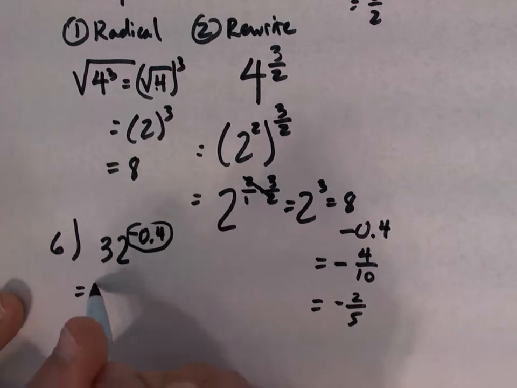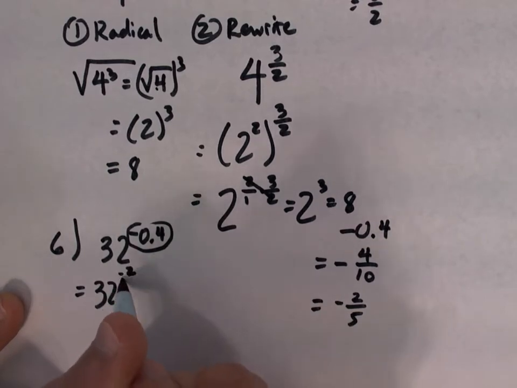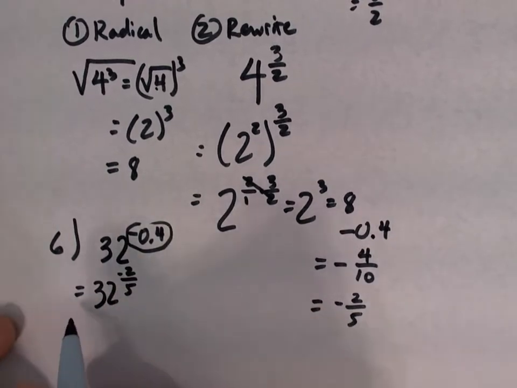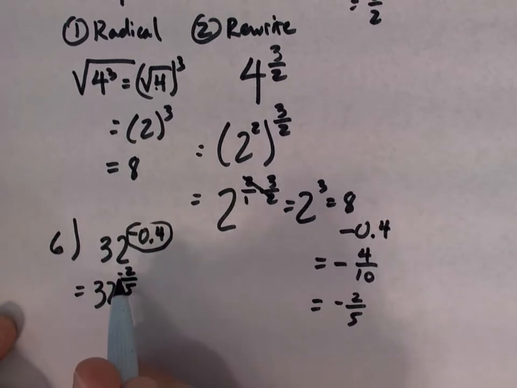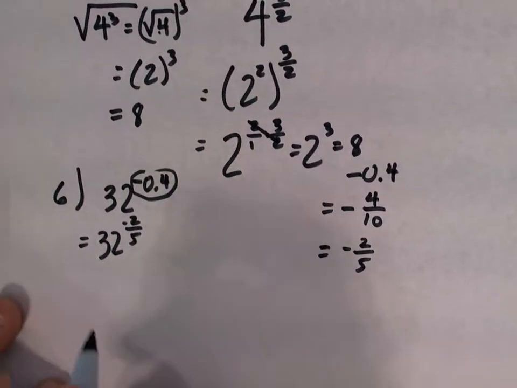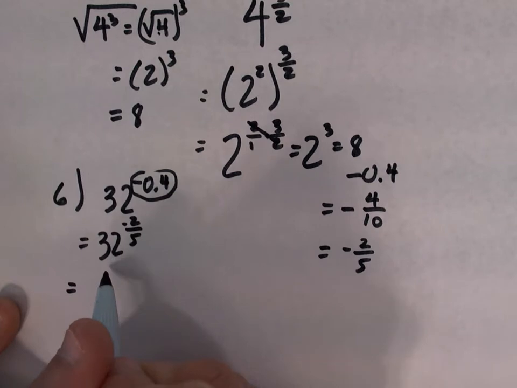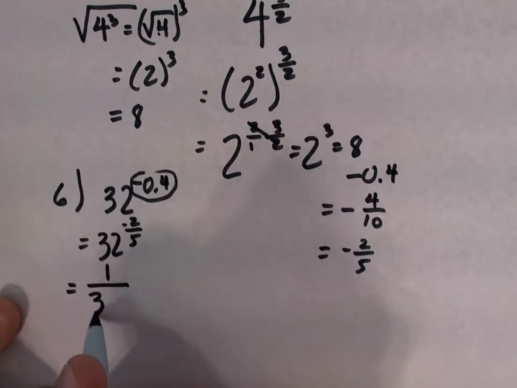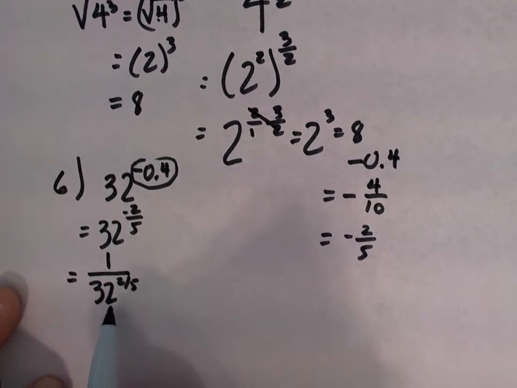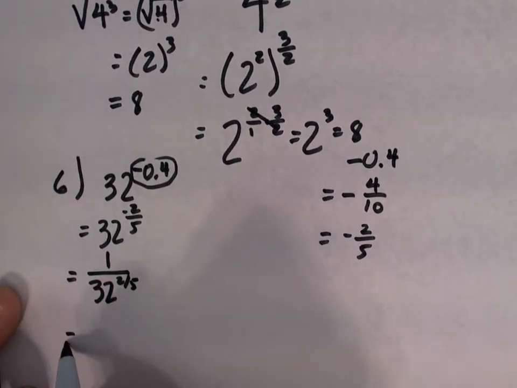So let's rewrite that, 32 to the negative 2 fifths. And let's rewrite that. So first off, it's a negative exponent. Negative exponent means I'm going to send him underneath, so 32 to the 2 fifths. Okay, I sent him underneath. Now I can rewrite this in radical form.